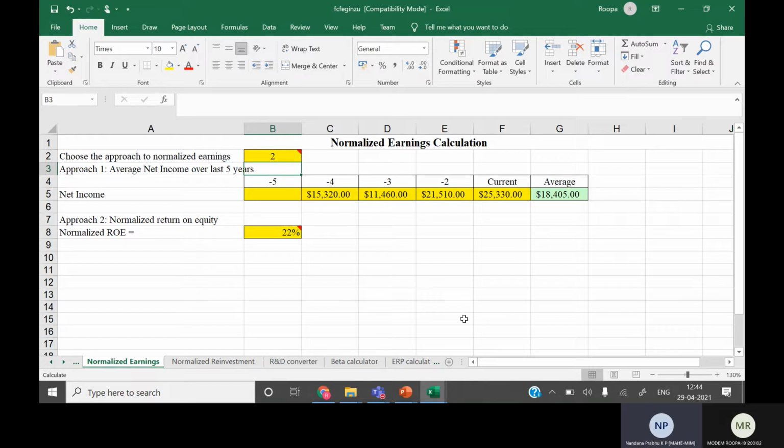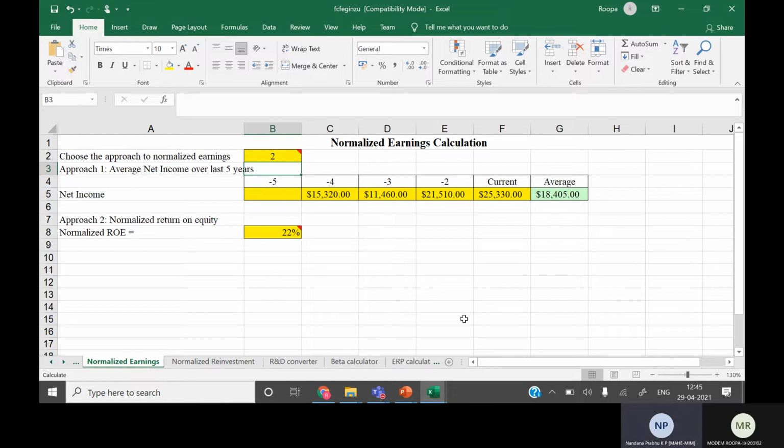Now, what does approach 1 do? It will take the earnings of the past 3-4 years, then average it out. Approach 2 will take the return on equity of the last, say, 3-4 years and calculate.